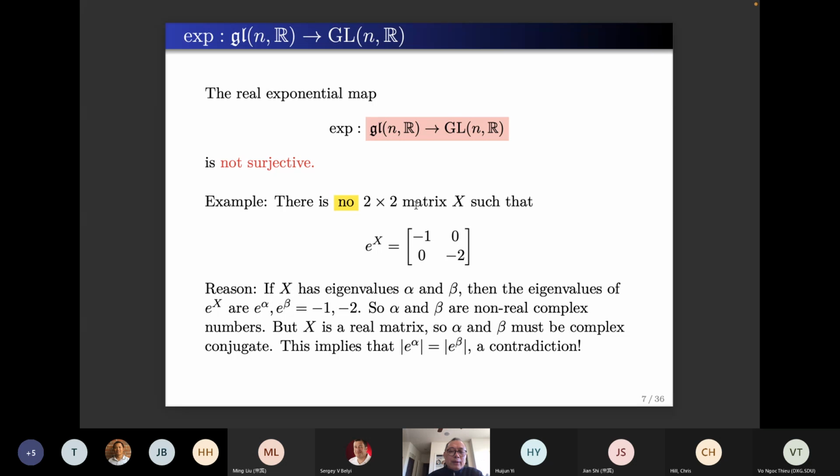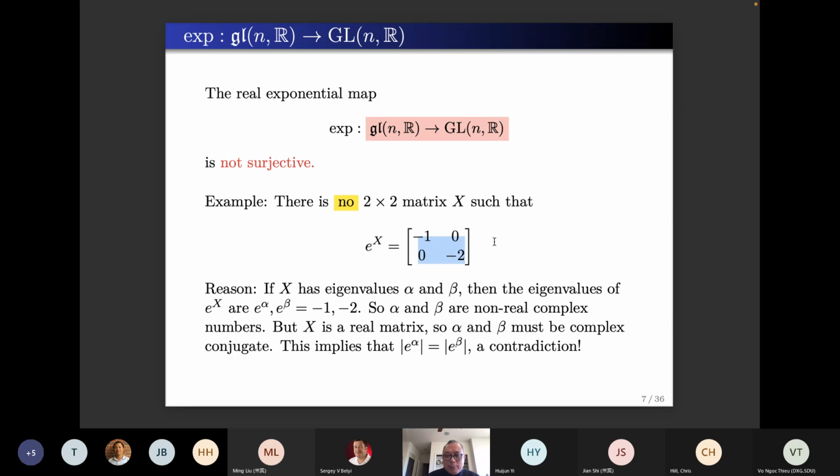How to do that? This is the matrix we're going to pick: minus 1, 0, 0, minus 2, which is non-singular because the determinant is 2. Everything is real, right? Can we find a matrix X in the Lie algebra such that e^X is this matrix? The answer is no.